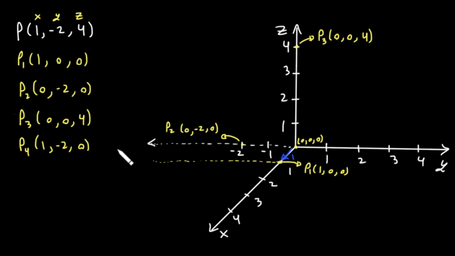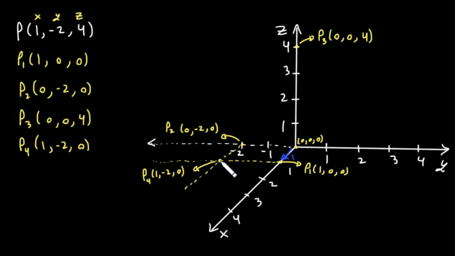So we draw a dashed line here. Then from the second point, which is this one, we draw a dashed line parallel to x-axis like this. They intersect here. This point represents P4, which is 1, -2, 0.